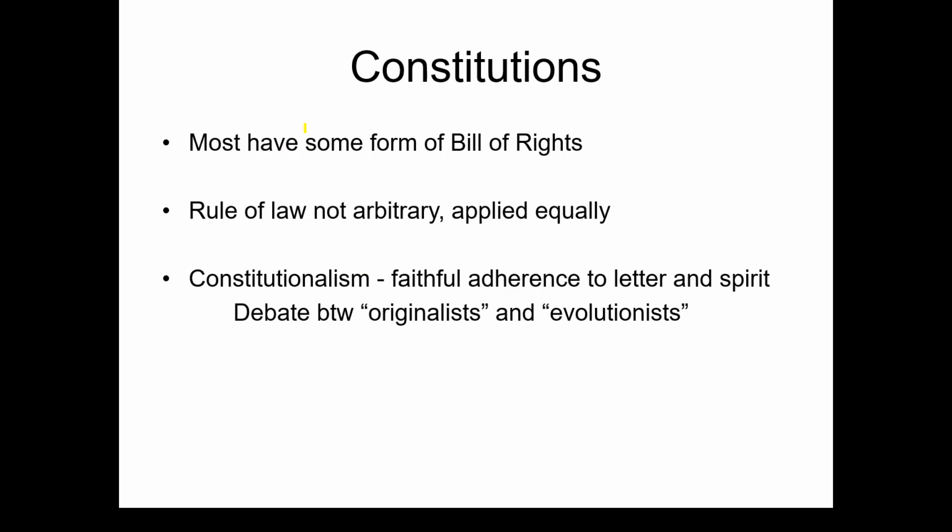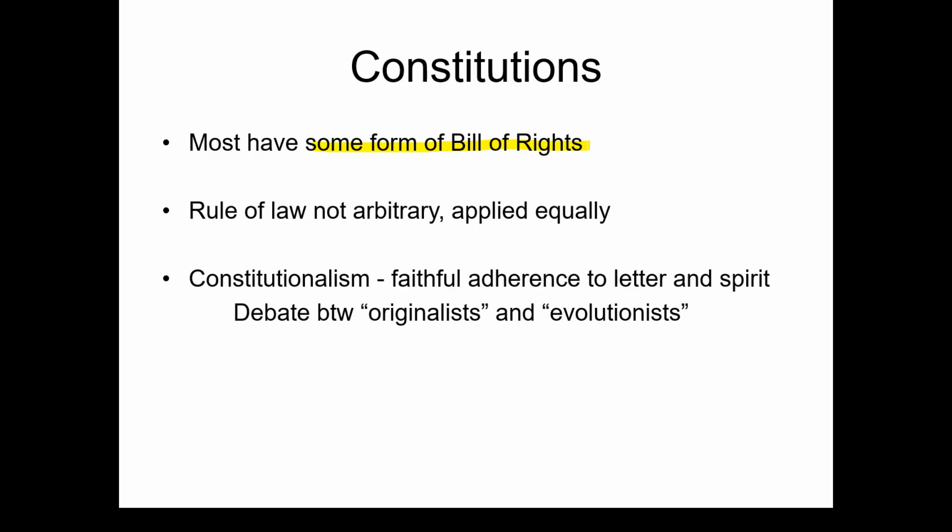Because with respect to constitutions, most do have some form of Bill of Rights. The framers of the Constitution did not put that in there at first because they figured the states would have their own Bill of Rights. However, the Anti-Federalists started pushing back against that, saying, wait a minute, what's going to keep you from abusing our rights? So the Bill of Rights at the national level was promised immediately, and that helped in the ratification process.